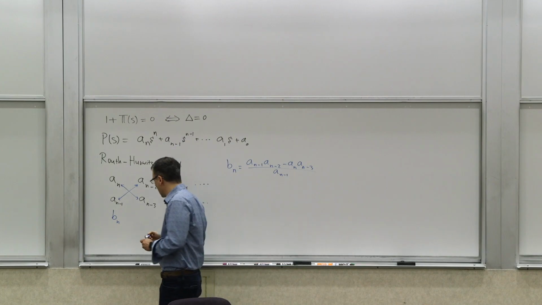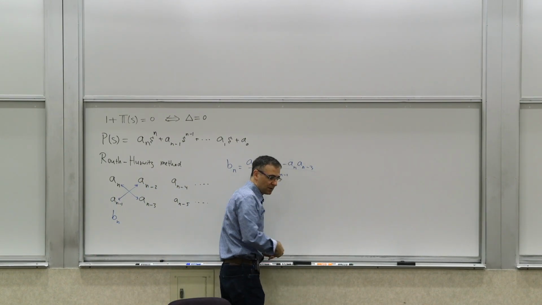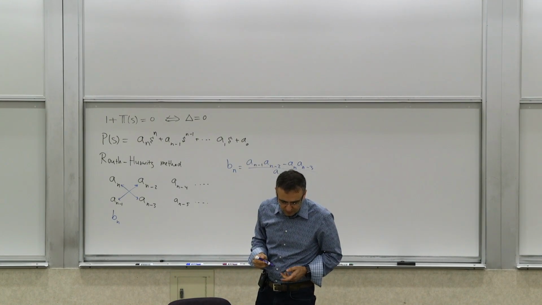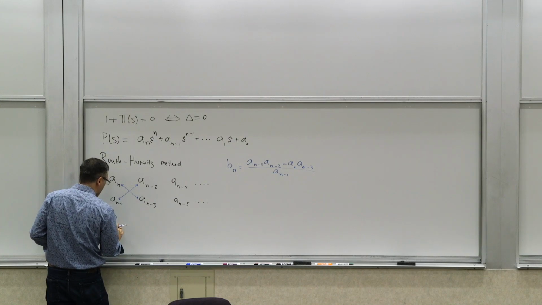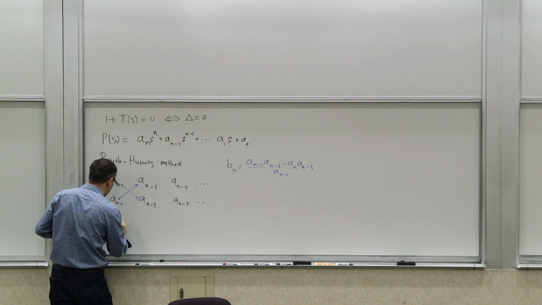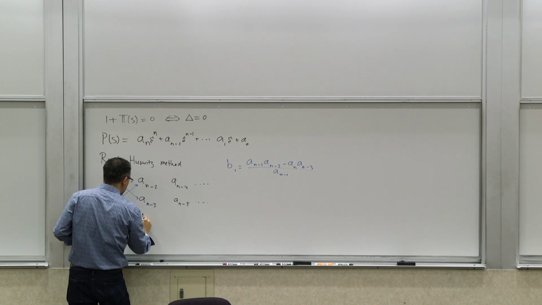So that's Bn. And then the next one over, I'm going to show it with a different color to be clean. Let's call this B1. The name doesn't matter really.